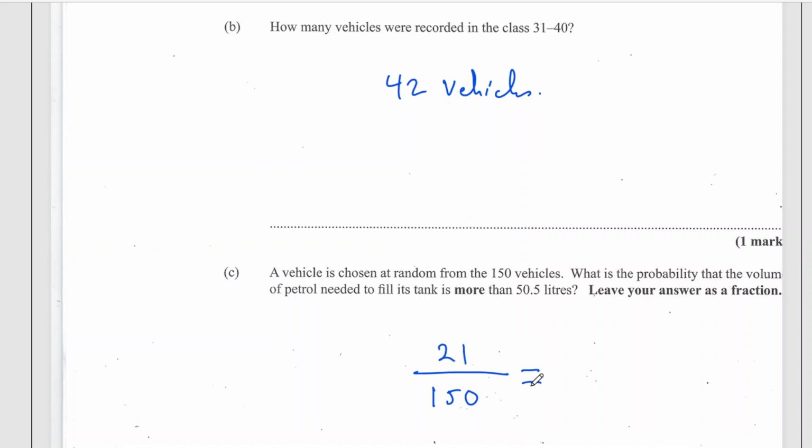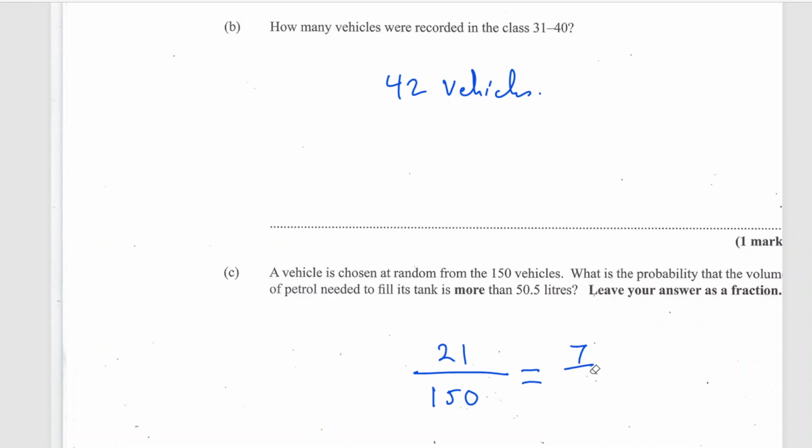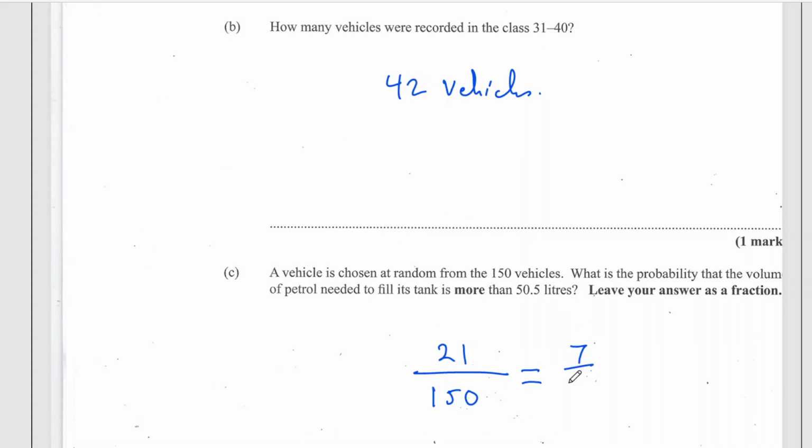And leave as a fraction, so you just reduce it to the lowest term, which would be 7 over 50. Right, so 7 over 50.